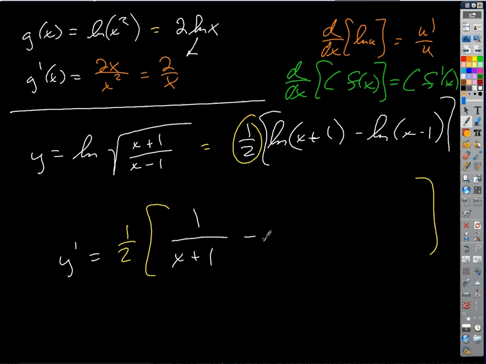Minus the derivative of x minus 1, which is 1, over x minus 1. That's it. And if we wanted to, we could get a common denominator and combine those into a single fraction. That's not too bad though, a lot easier than the alternative, agreed? That would have been pretty bad, right?